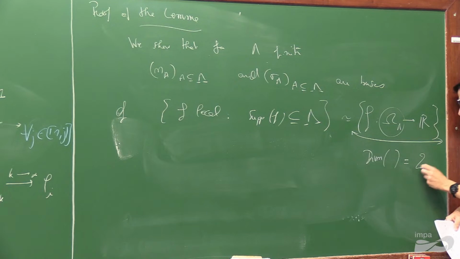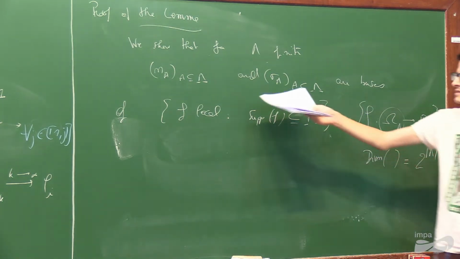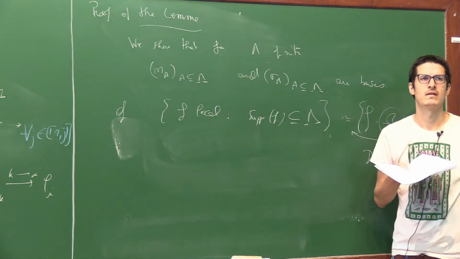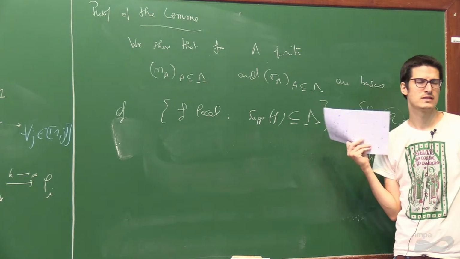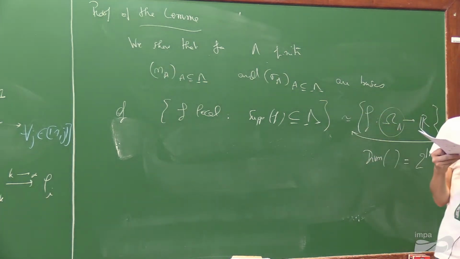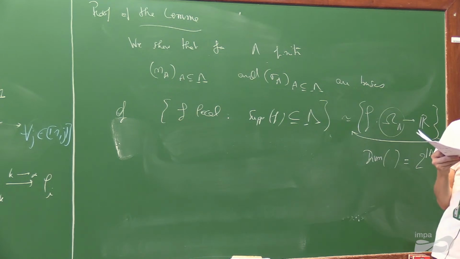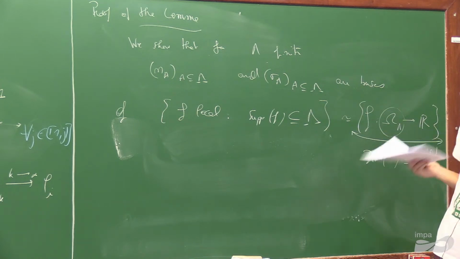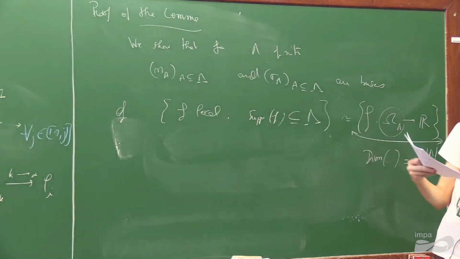So the dimension is just 2 to the lambda. So we actually just need to show that these families generate this space in order to show that they are bases, just by reasoning on the dimension, because they have the right cardinality.